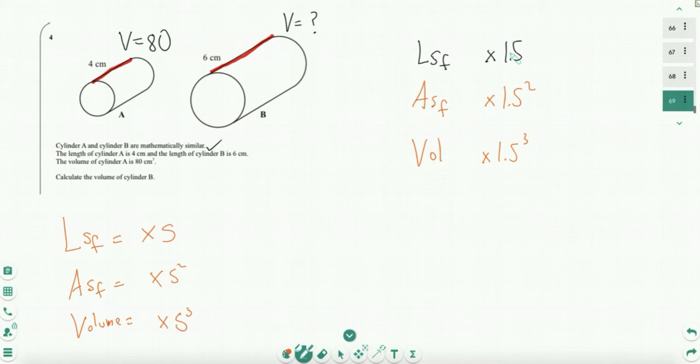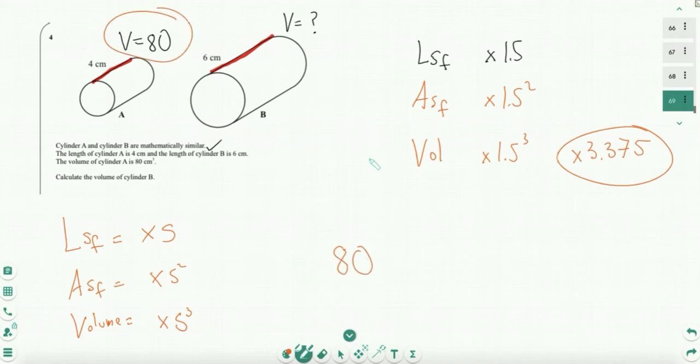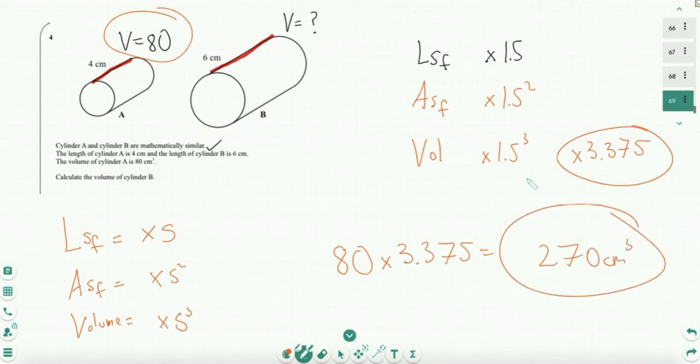And 1.5 cubed is 3.375. So that is our volume scale factor. Now, if the small volume is 80, to find the big volume, we'll just simply multiply by 3.375, and that should give us our volume, 270 centimeter cubed. And that's our answer.